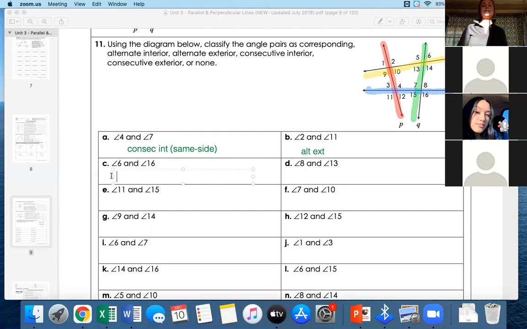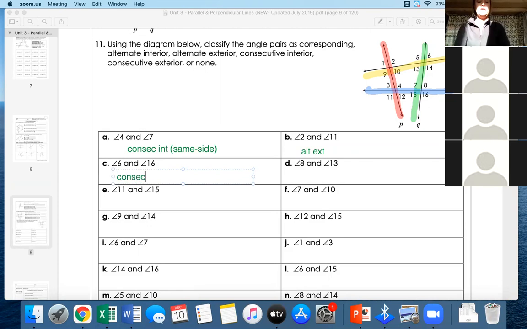6 and 16. 6 and 16. So 6 and 16, those are both on the green transversal. Good job. So they're consecutive exterior, same side.